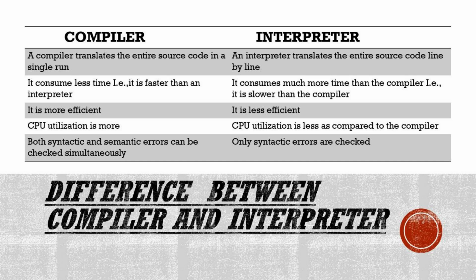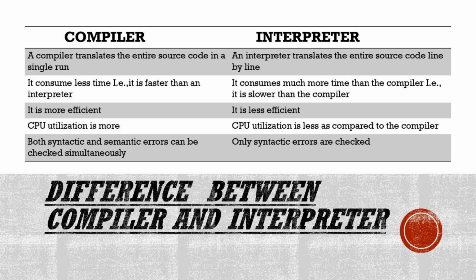An interpreter consumes much more time than the compiler, which means it is slower than the compiler. A compiler is more efficient, but an interpreter is less efficient. Compiler CPU utilization is more, but the interpreter's CPU utilization is less as compared to the compiler.